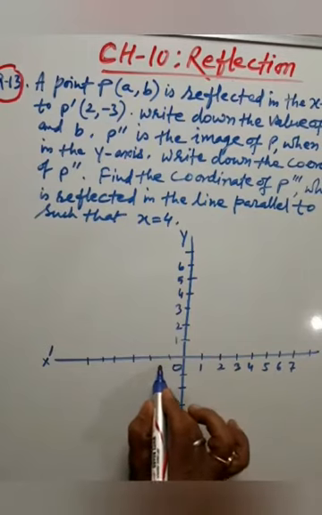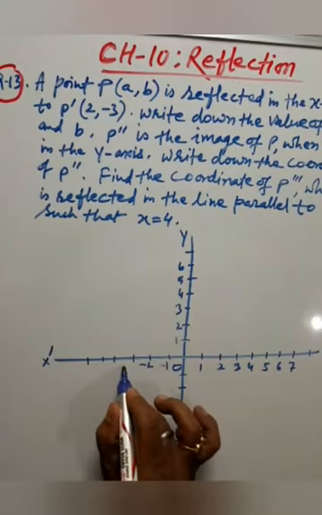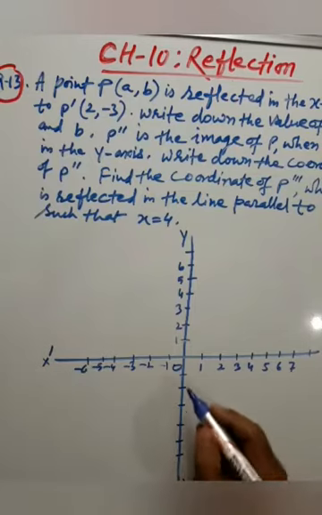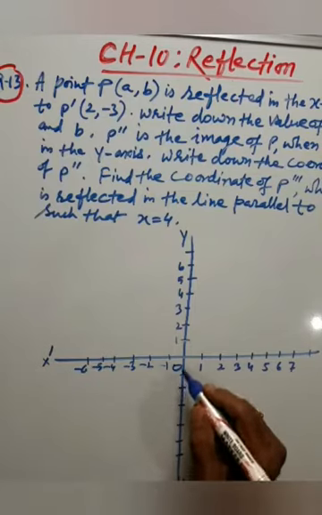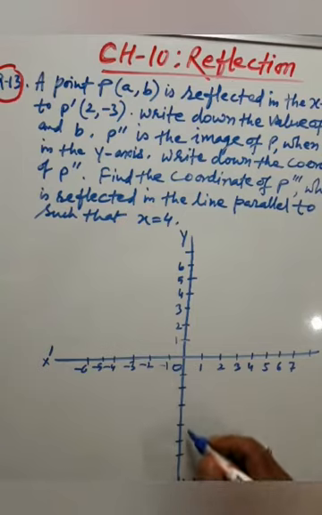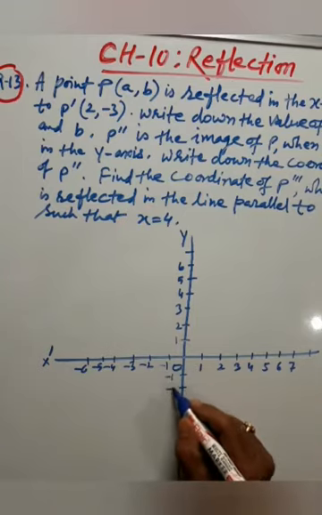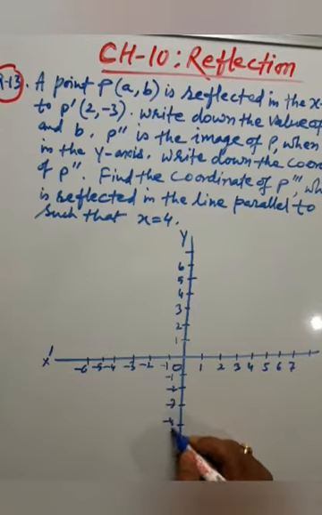This side it is minus 1 minus 2 minus 3 minus 4 minus 5 minus 6, and on the y axis below the x axis it will also be minus 1 minus 2 minus 3 minus 4 minus 5 minus 6.